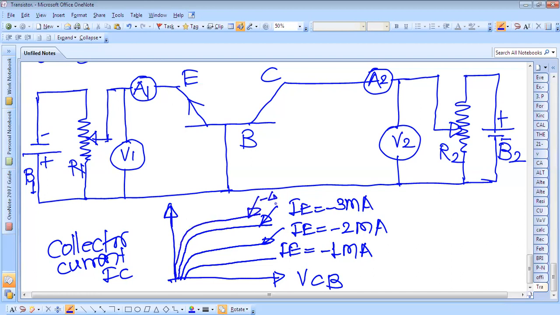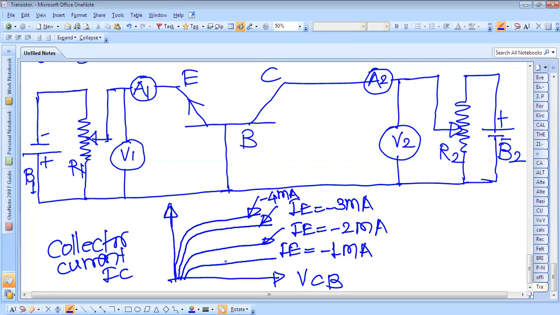This is again for minus 4 milliampere. So by keeping any value of the emitter current constant, we can vary this rheostat and measure the collector current, which is measured by this A2, and measure the voltage between collector and base terminals. If you plot the characteristics, we'll get such type of characteristics.